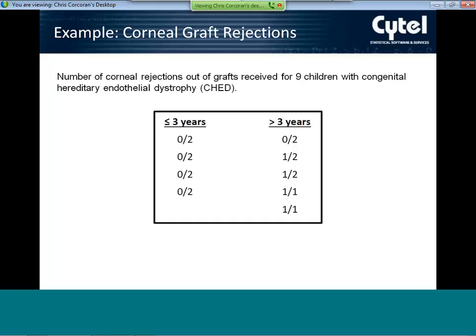But aside from that, there's also the issue of correlation within child. In other words, the 2 eyes for each child are correlated. Knowledge about rejection in one gives you information about rejection in the other. And so somehow we have to account for that dependency between eyes also in doing some sort of a hypothesis test or any other inference.